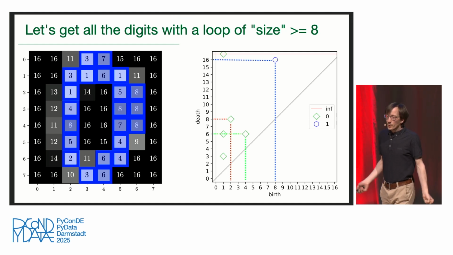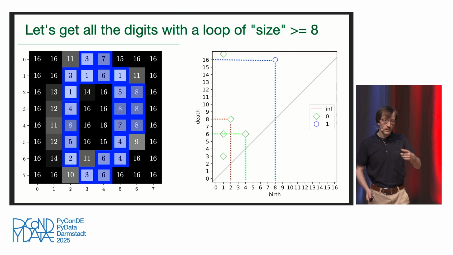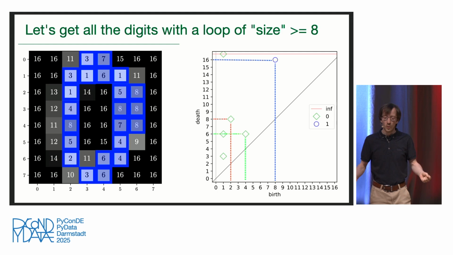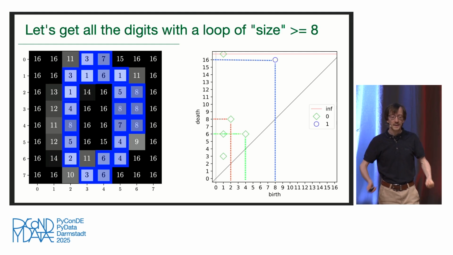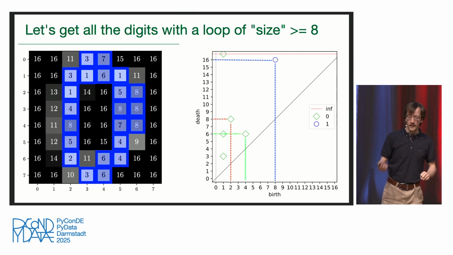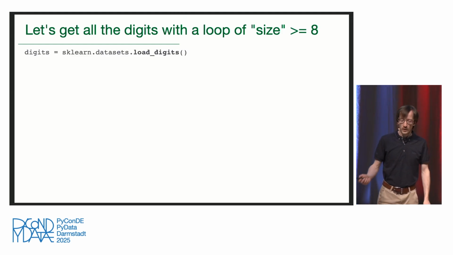So, what can we do with this? We see, okay, if there is a hole in the digit, then I can detect it. So how about I look at all digits that have a loop of size at least 8. And by size, I now mean the difference between birth and death. So how can we do this? Well, we import the digits.